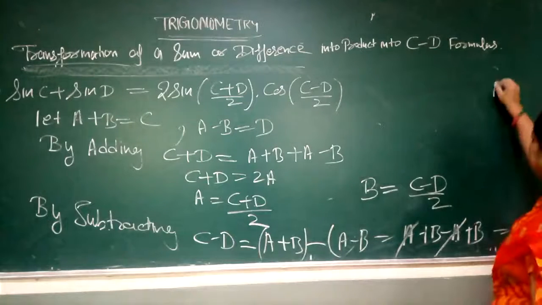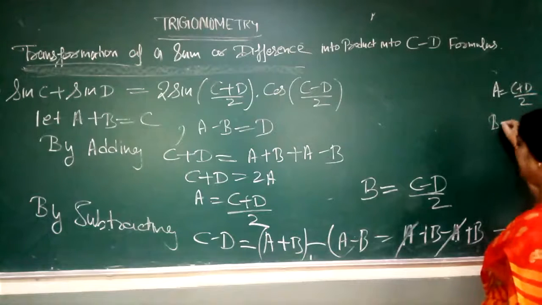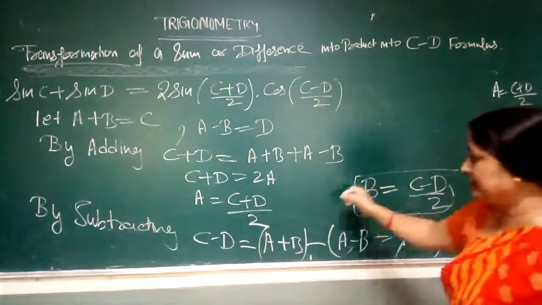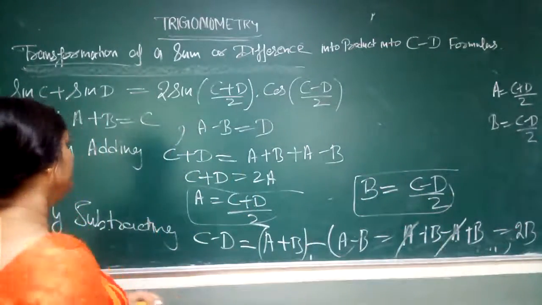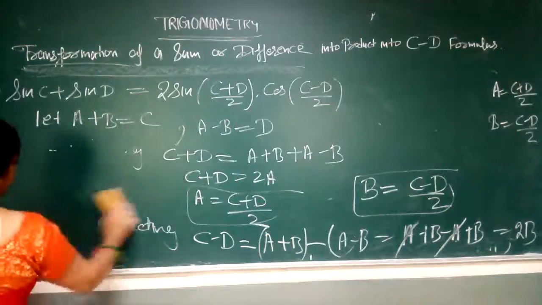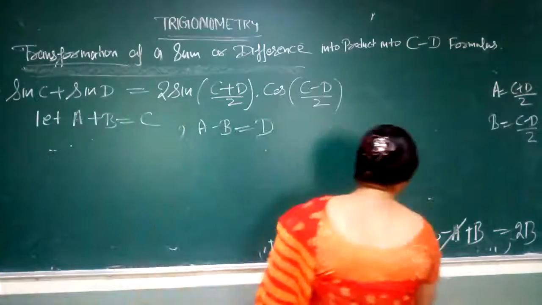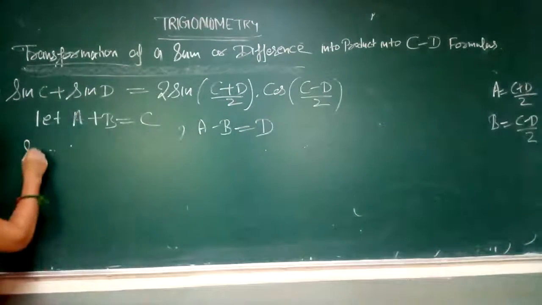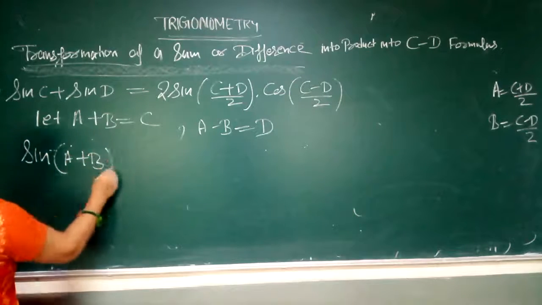So we are writing here the value of A is (C plus D)/2 and the value of B is (C minus D)/2. We will use these values in the formula. After finding the values of A and B, what is the next step? In the place of C, we can write A plus B, plus sin.